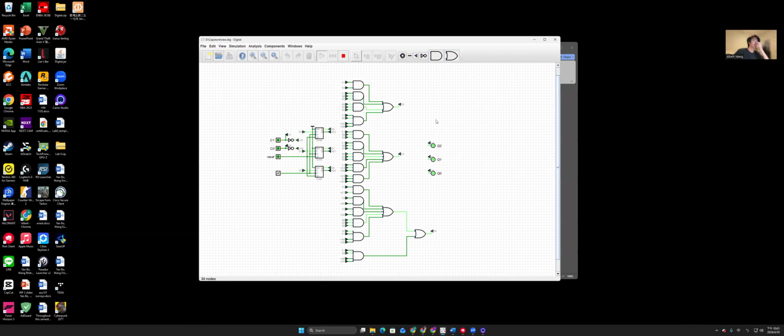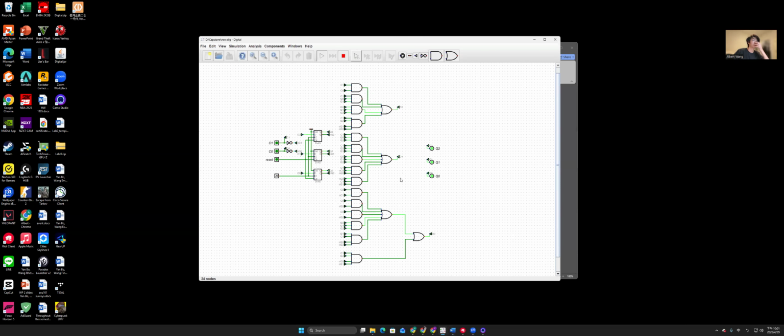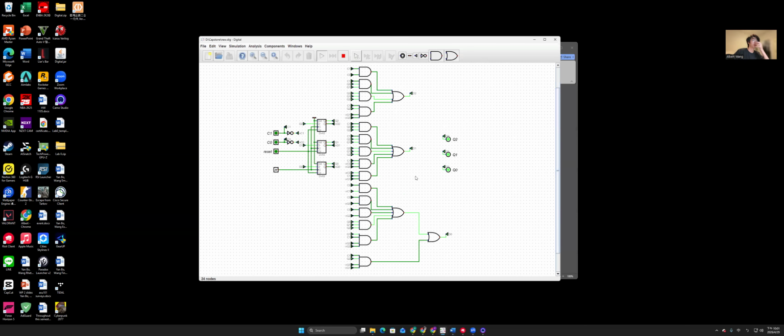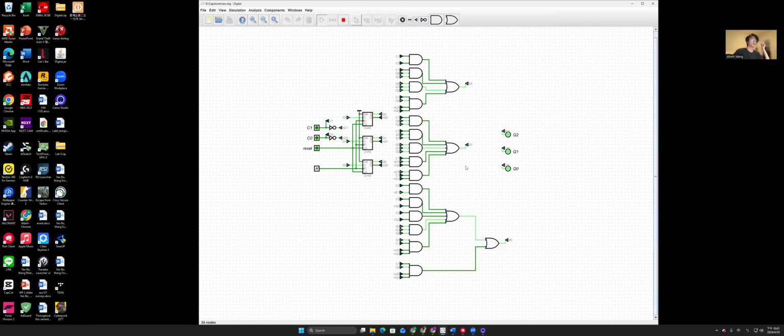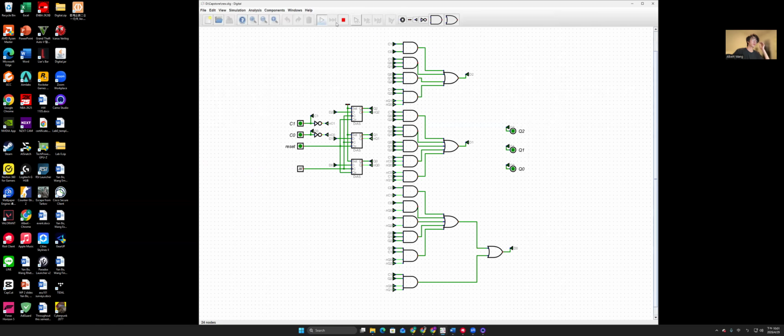It's a little bit big, I guess. If I press start, this is the clock, this is C1, and this is C0.